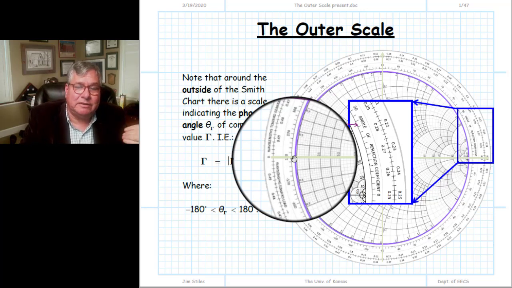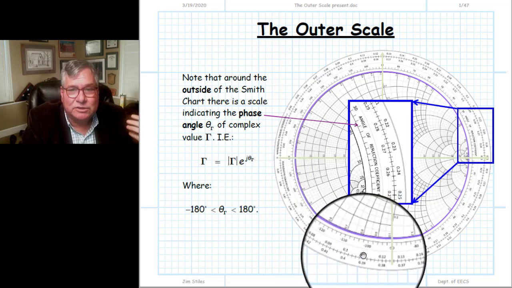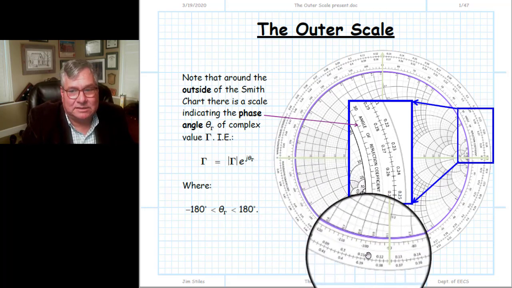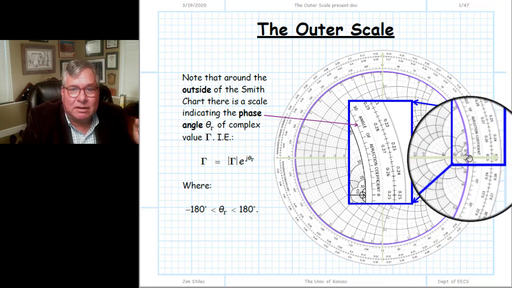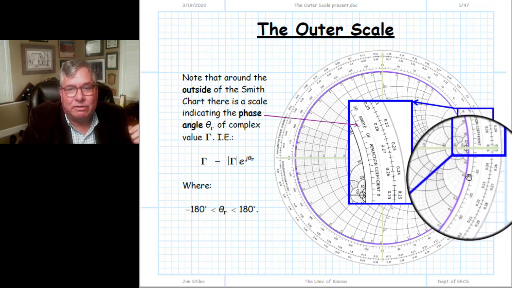Now, we could continue to rotate, and perhaps we might see an angle of 210, and then 270. But that's not the case. The way this scale is written on the Smith chart is that as we move from 0 in a clockwise direction, the values of the phase angle become negative.